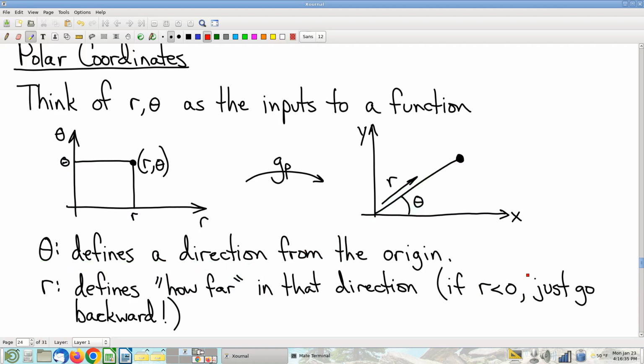Okay, so that's polar coordinates. Here's an exercise for y'all to think through, a nice little refresher trig problem. You can look at that triangle where you see r and theta, and of course you can see x and y on that triangle as well.